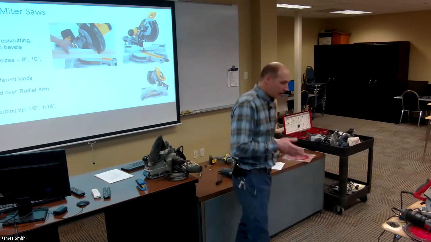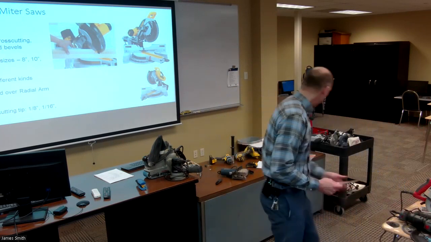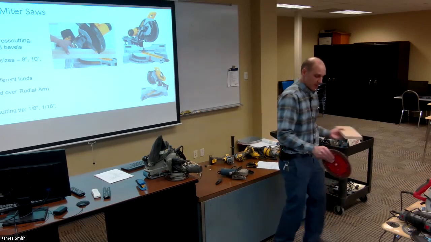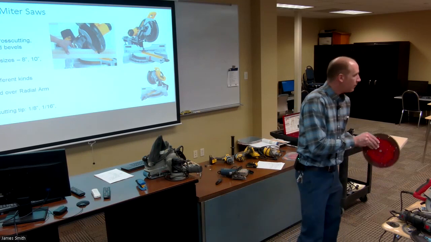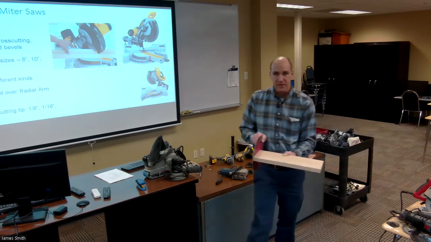But anyway, one of the tricks that I like to use when I am sawing a board or a piece of trim is I'll bring that trim up and push it up tight against the inside of the saw blade, like this.